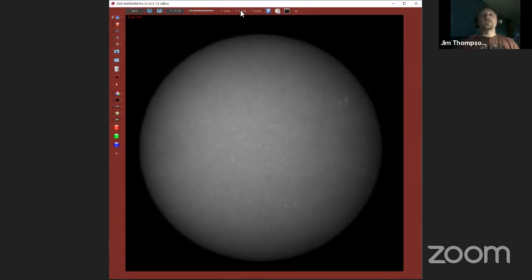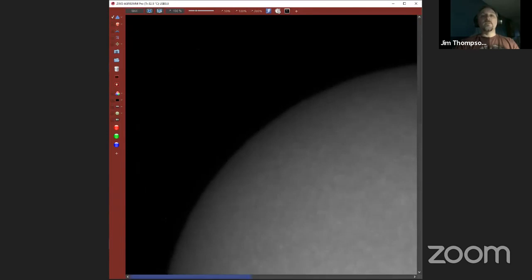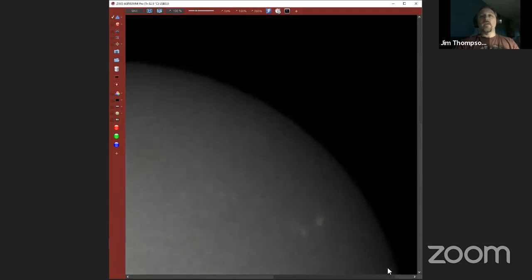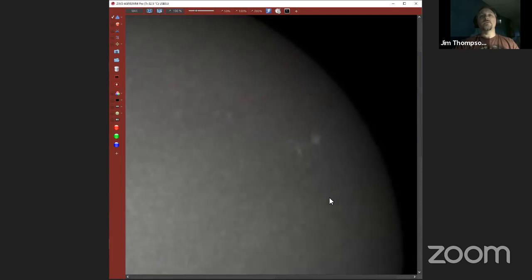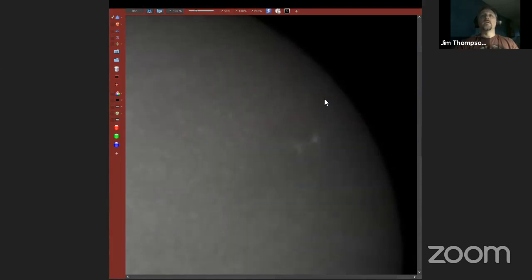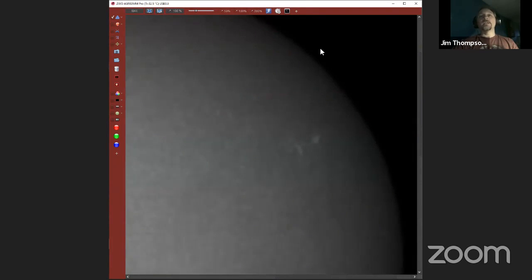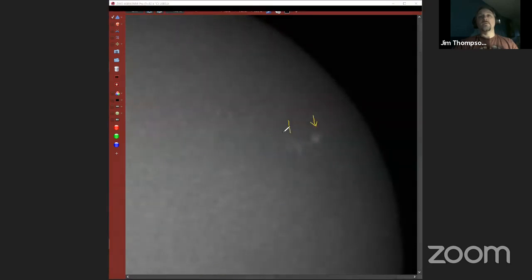So I'm going to zoom in again on this bright spot. If you recall, Simon mentioned that there tends to be a polarity to sunspots. And that polarity can tell us about what solar cycle that spot was created in. You'll notice that this active region that we see today does have two components to it.